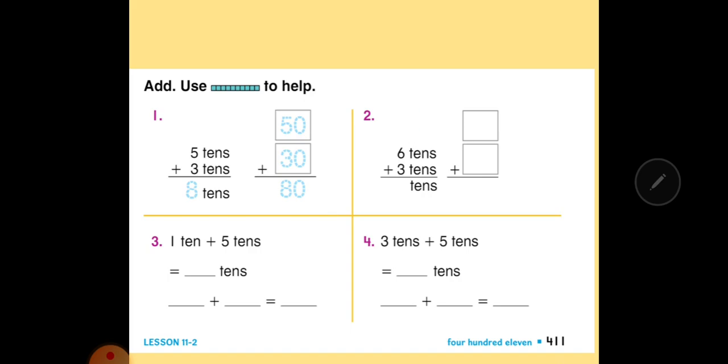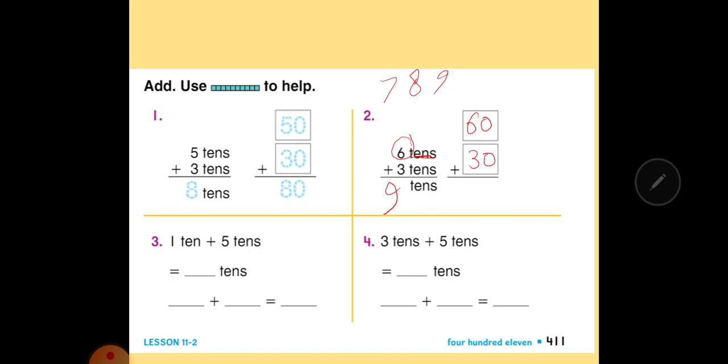Let's start to add. 6 tens plus 3 tens equals 9 tens. You circle 6, put 3 on your fingers, and count after 6: 7, 8, 9. So the answer is 9 tens. Now if you write it as numbers, 6 tens equals 60 because the tens has a 0, and 3 tens equals 30.